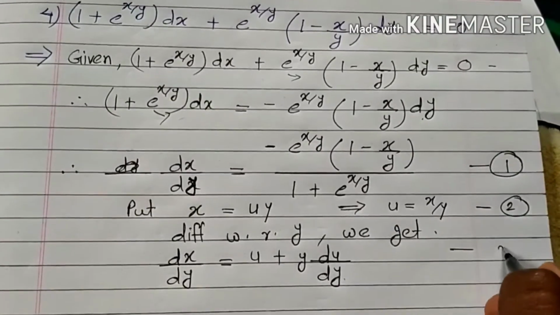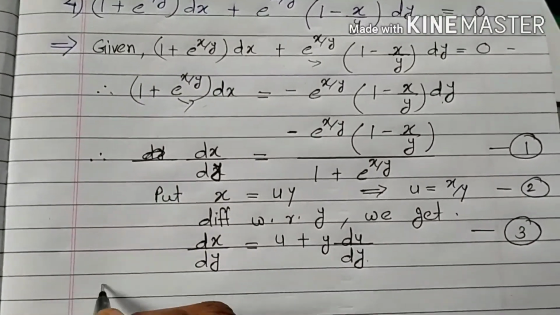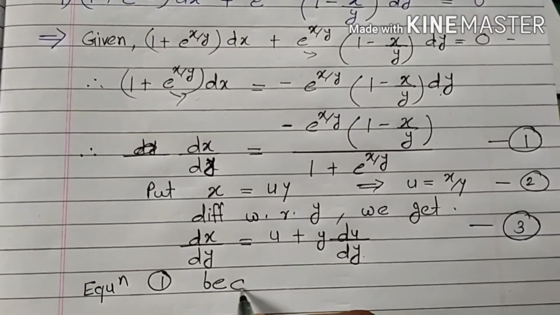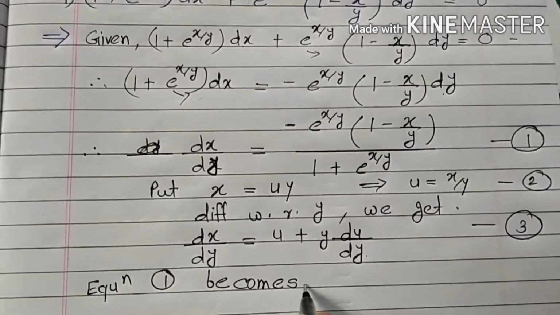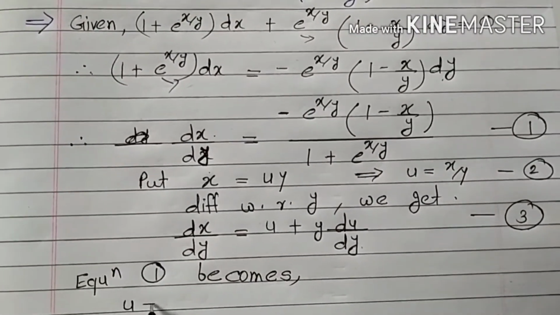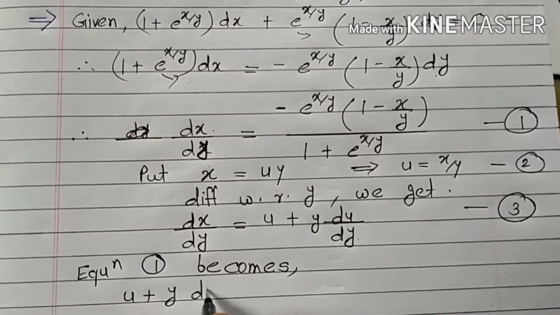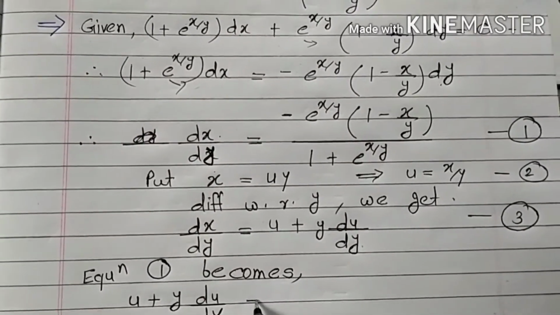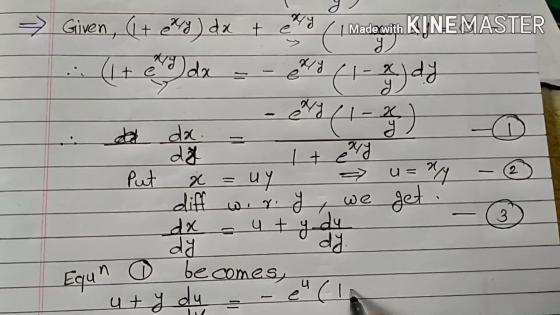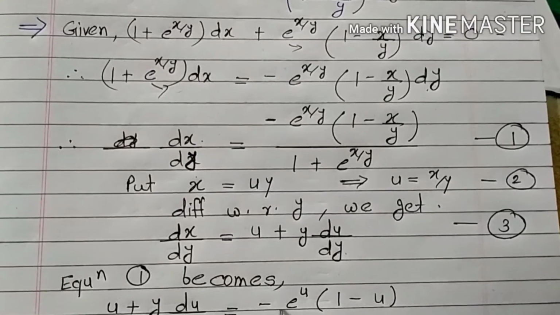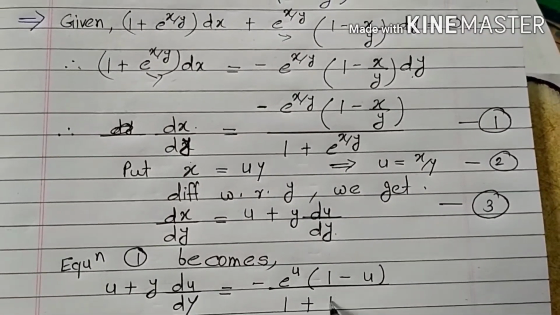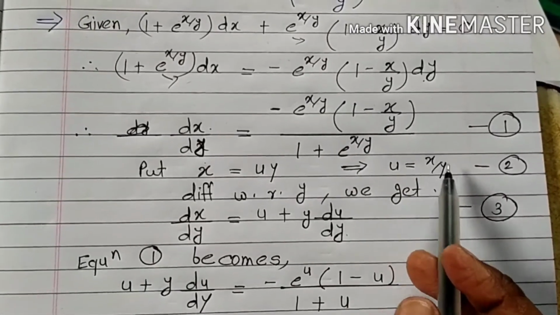Equation second, this is equation third, and equation first becomes: so the value of dx upon dy is u plus y du upon dy, which is equal to minus e raised to u into 1 minus u upon 1 plus u, because the value of x upon y is u.